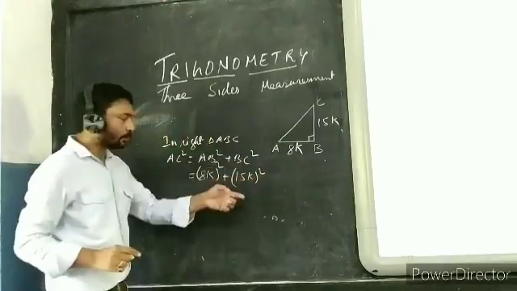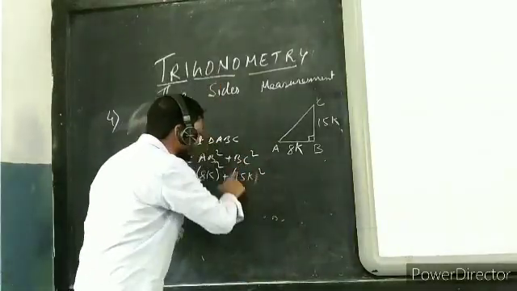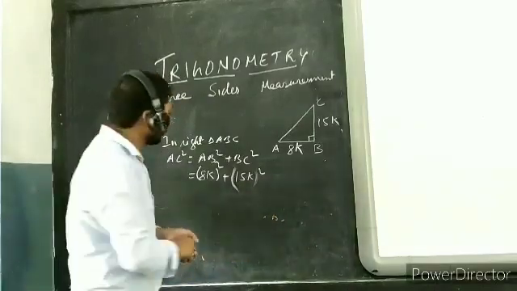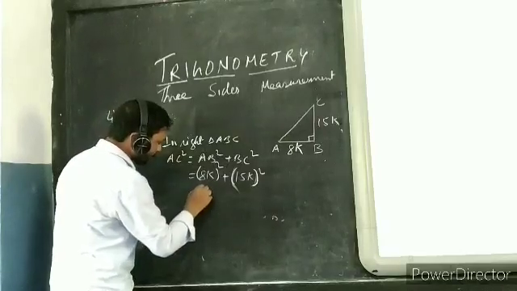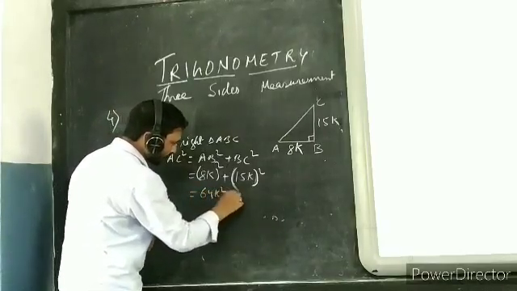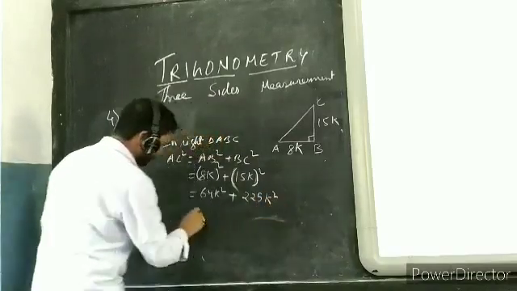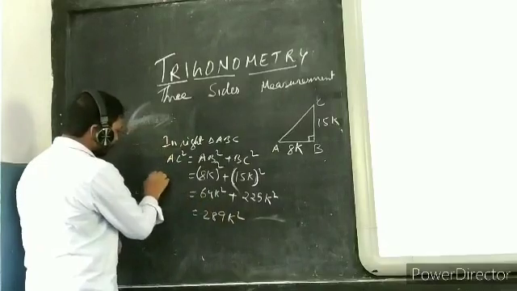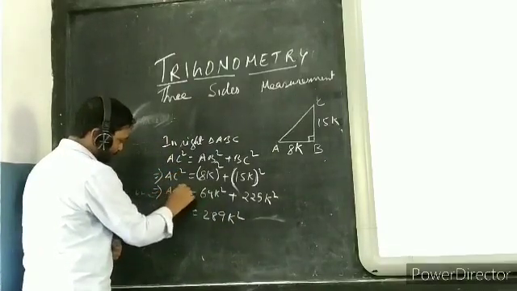Always remember, whenever you write this, you use full brackets. If you write 15K square, it is totally wrong. That's why you give whole brackets and then write square. Now if you open it, it will come 64K square plus 225K square, and when we add it, it is going to come 289K square. Now if you notice one thing, AC square is 289K square.